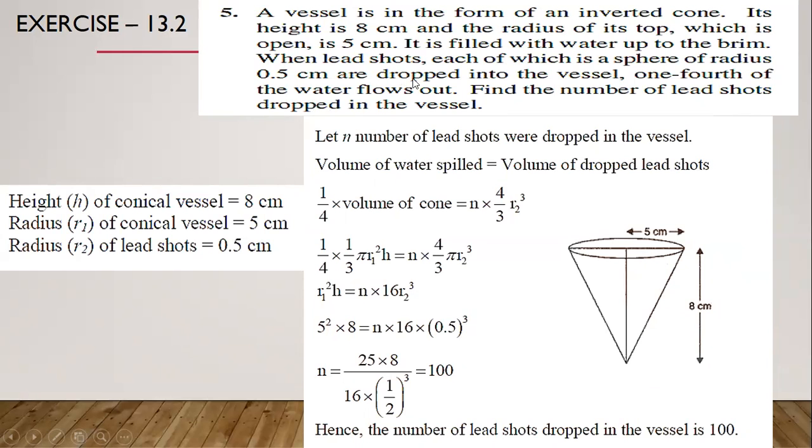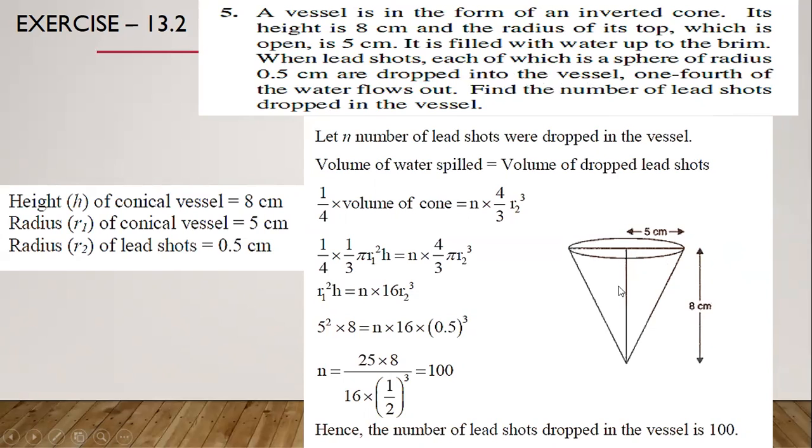When lead shots, meaning small round spherical bullet-like things, each of which is a sphere of radius 0.5 centimeter, are dropped into the vessel, 1/4 of the water flows out. You know that the vessel is filled with water.